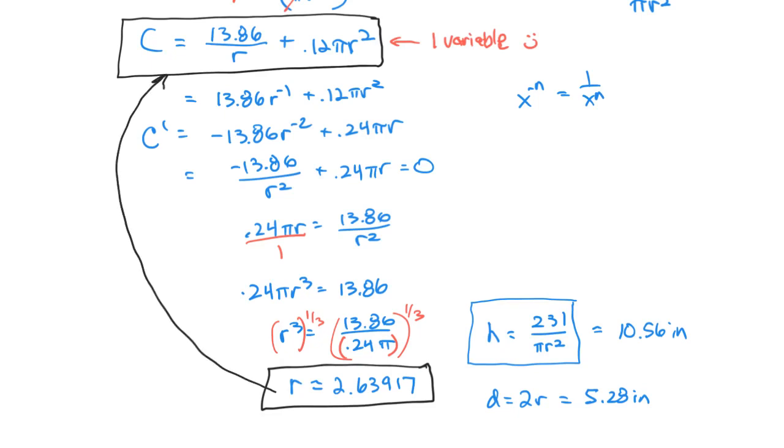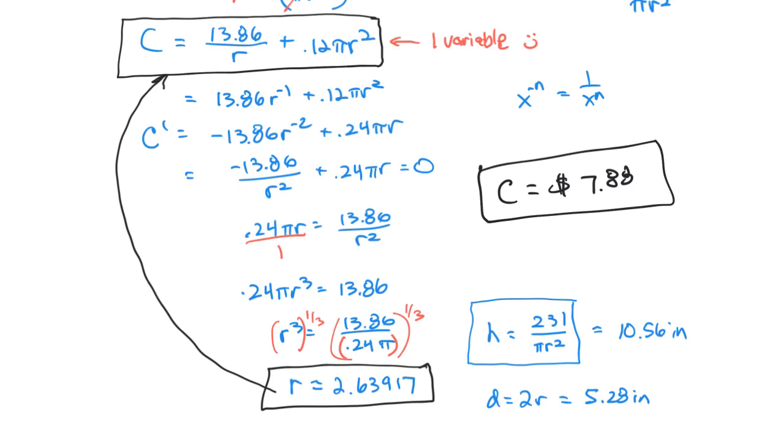Again, use a lot of decimal places and round at the end. If you do that, you'll get a minimum cost of $7.88.